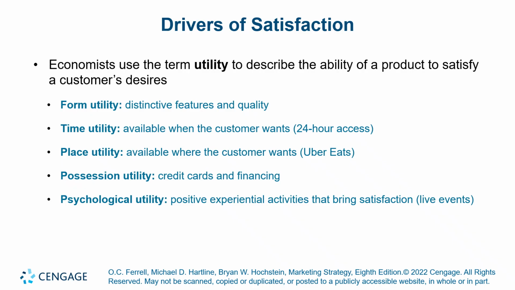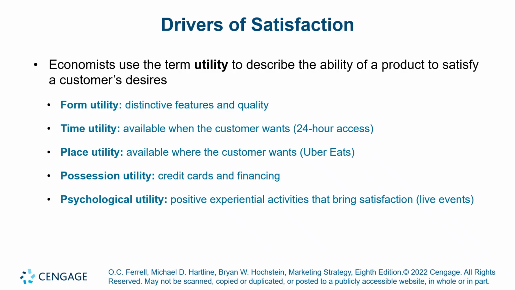The second one is time utility. Marketers can make the product available when the customer wants it. For example, an ATM machine with 24-hour access is time utility.